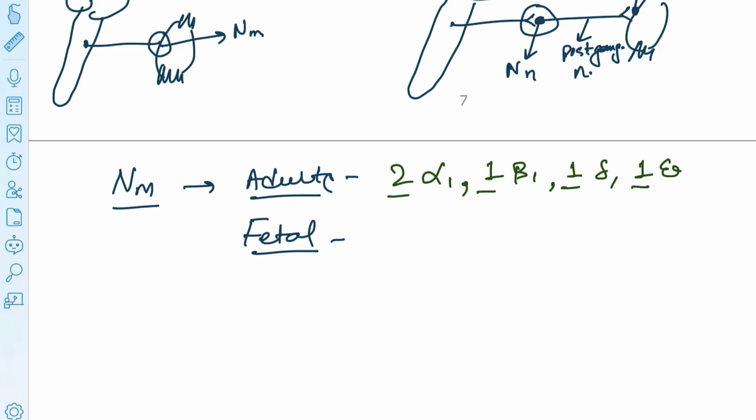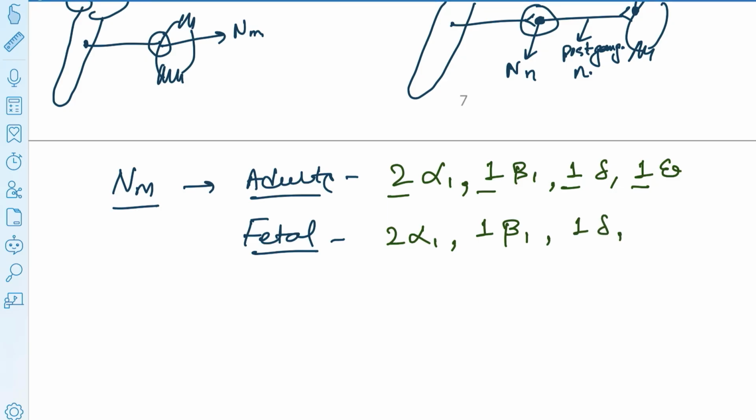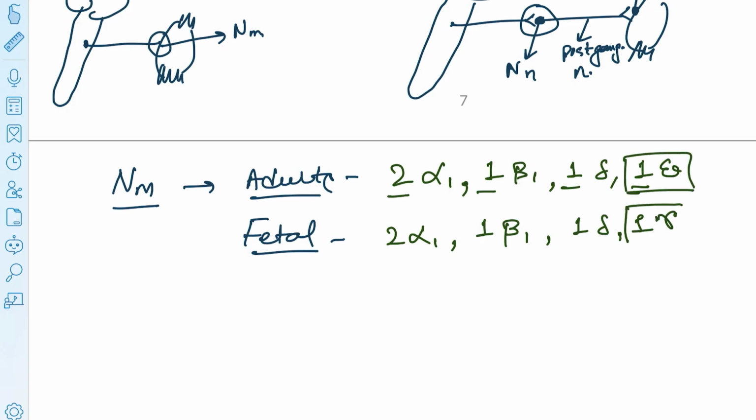Whereas in the fetal one, the alpha 1 subunit is the same. There are two alpha 1 subunits, one beta 1 subunit, one delta subunit, and instead of epsilon there is one gamma subunit. Okay, so this is the difference that has been seen between pre-birth and adult nicotinic acetylcholine receptors.